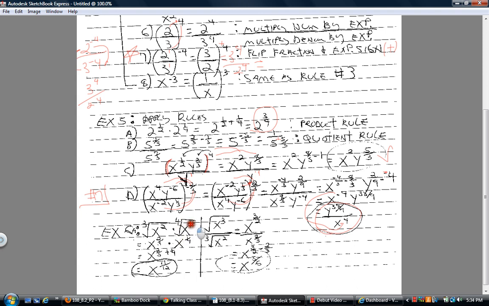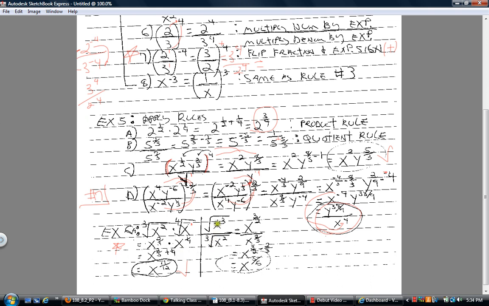I popped up the 1, rotated it up, it comes down. Okay, that's the big step right there. If you see that, then these problems are now you're multiplying same base, add the exponents, so it's 2/3 plus a 4th. Answer is x to the 11/12. Don't forget you need the LCD on the fractions.